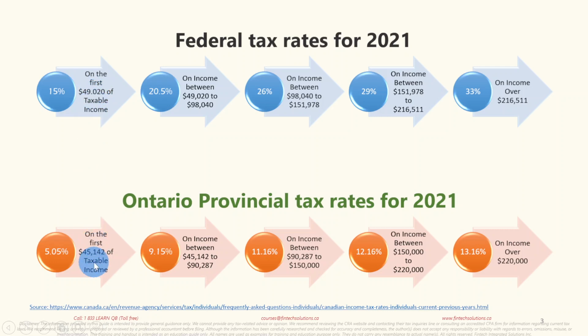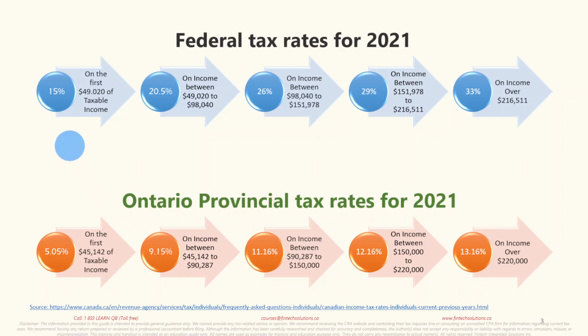That means if someone says I'm earning, let's say, an income of $48,000, then you will be at 5.05% for the first 45,142, and then from 45,142 to 48,000 you will be in the second bracket, which is 9.15% for Ontario provincial tax.